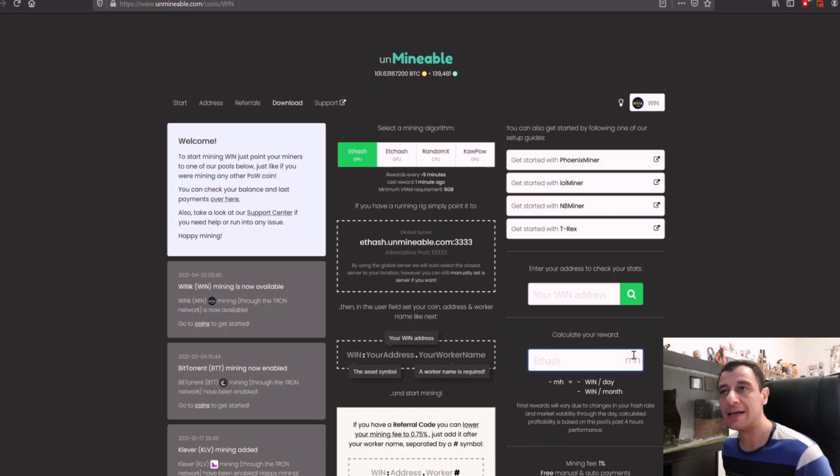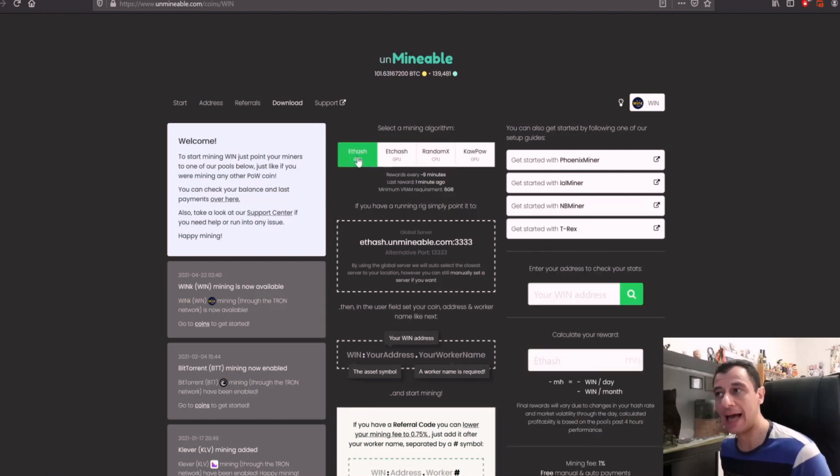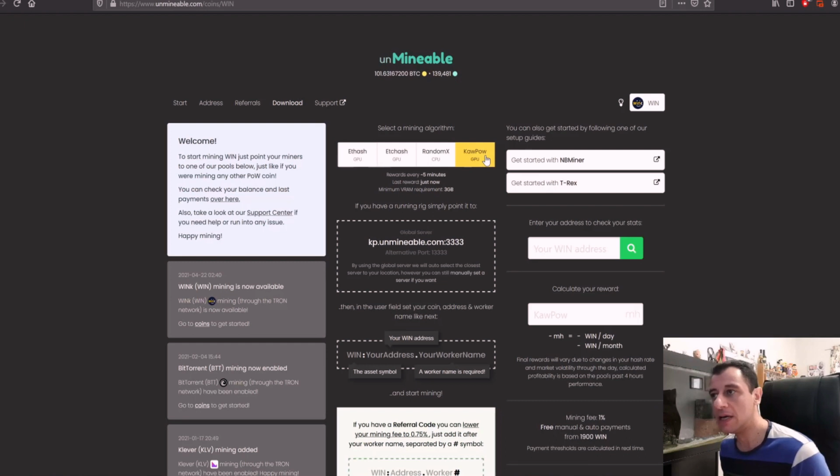Always remember that if you are mining on your CPU and not GPU, you need to click the RandomX algorithm and then calculate, because this is going to change that to hash per second from mega hash per second. And if you're using any other algorithm like KawPow, you need to do the same thing, because that will obviously change what values you need to input here as well.